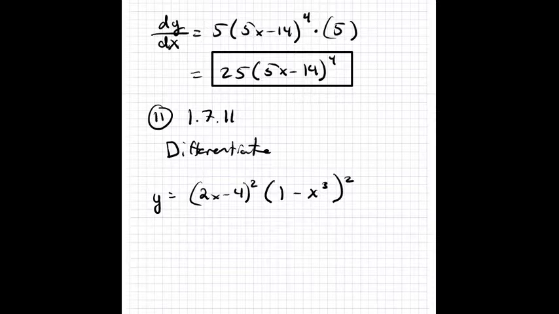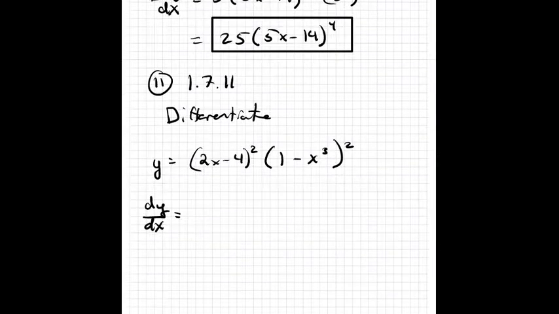So my dy by dx is going to be the first, which is this (2x minus 4) squared, times the derivative of the second, which is this guy here, plus the second, which is this, times the derivative, or d by dx, of the first.